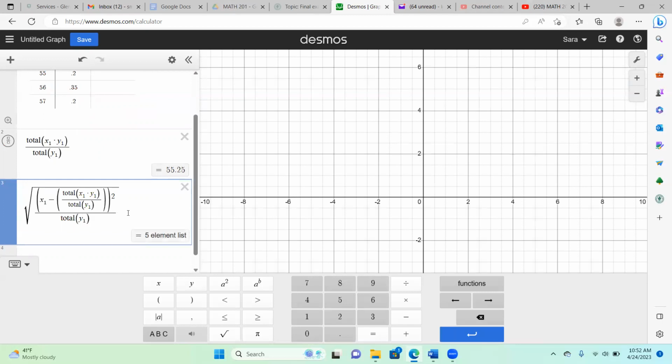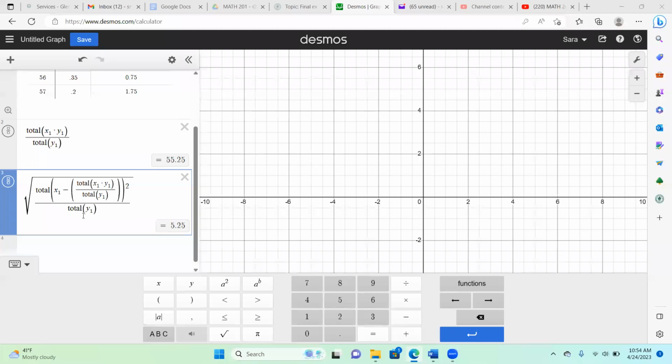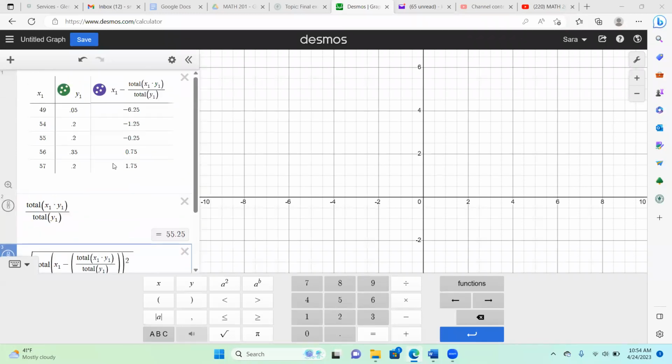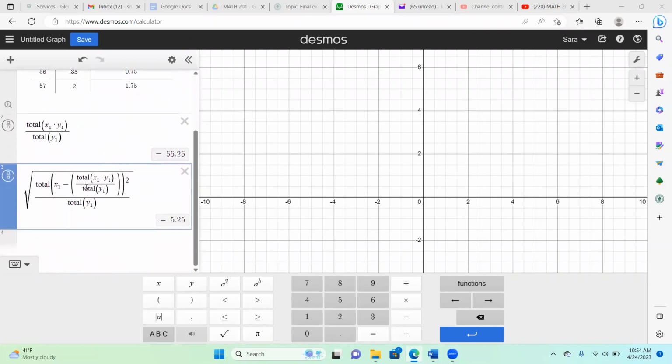Okay, I had to total those differences, and I had to total the square of those differences. And so my standard deviation should be 5.25.